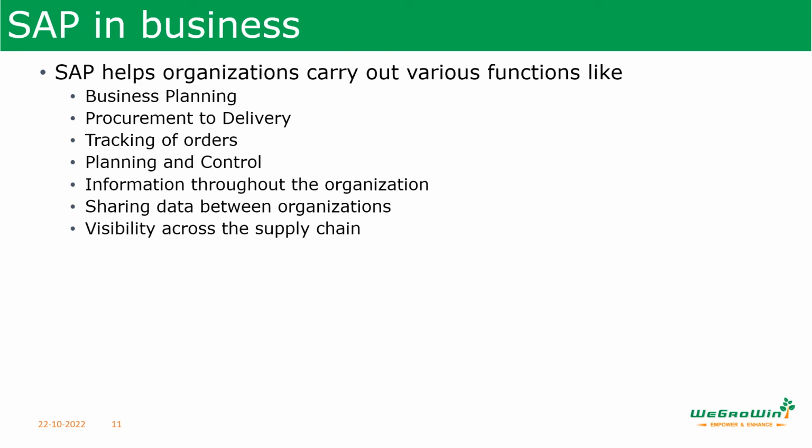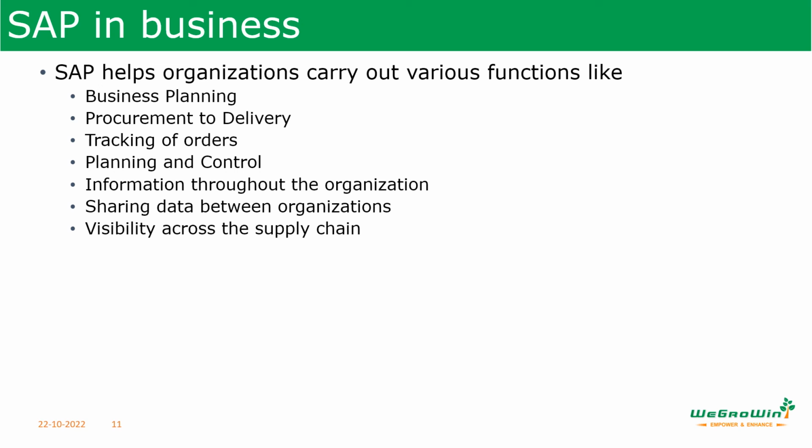And overall, SAP helps organizations to carry out various functions like planning, procurement to delivery, all the transactions, tracking of all the orders, purchase orders, sales orders, production orders, planning and control at the corporate level, business level, budgeting, costing, controlling those kinds of activities, and information throughout the organization.